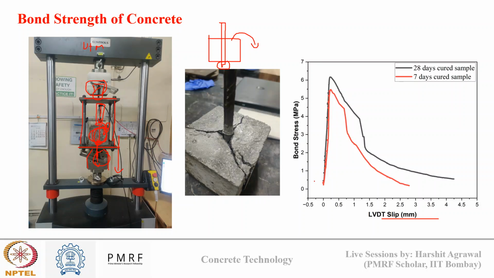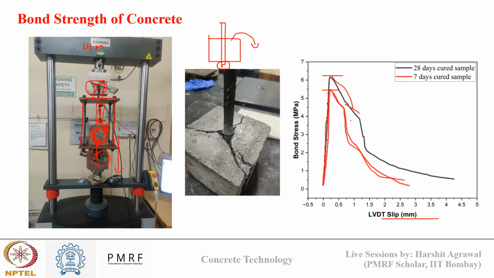Here you can see as the stress applied increases, the slip increases slowly, and then after an ultimate stress value, the bond between the steel and the concrete fails, and we record a lot of slip because now there is no adhesion between steel and concrete and the rebar has more freedom to move.